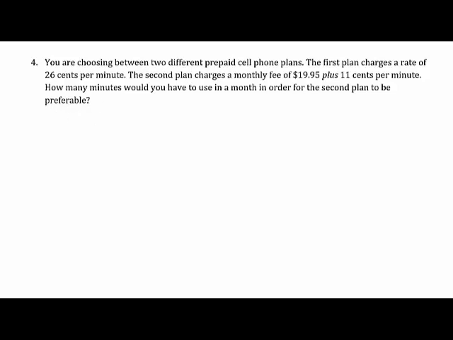We're going to first start by writing formulas for each. The cost of plan 1, C1, is equal to 26 cents per minute. If we let M be the number of minutes, then we can write a function as 0.26.